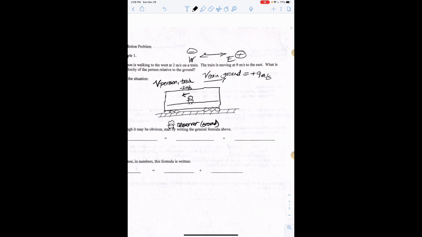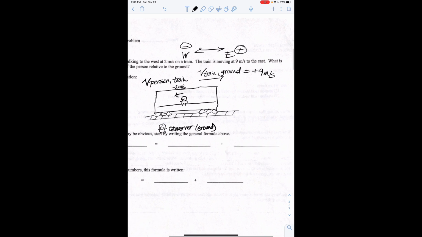Hopefully that makes sense. All right, and then the question is, how fast is this person on the train, assuming there are windows on the train or whatever, moving relative to the ground?